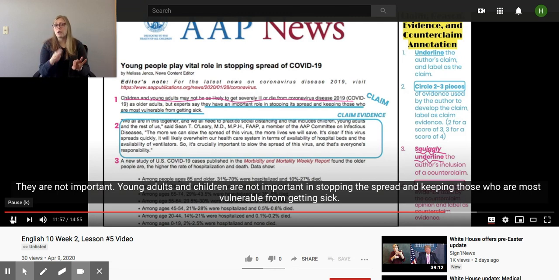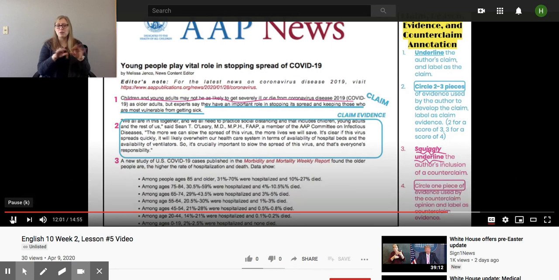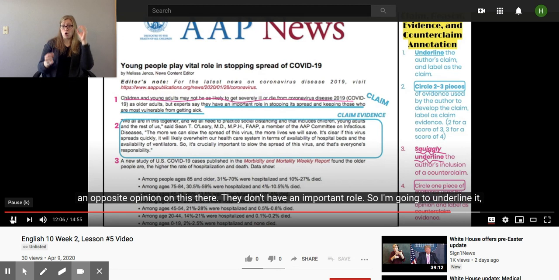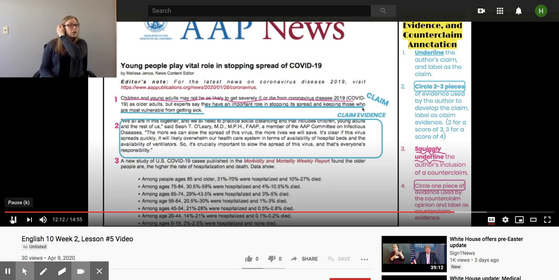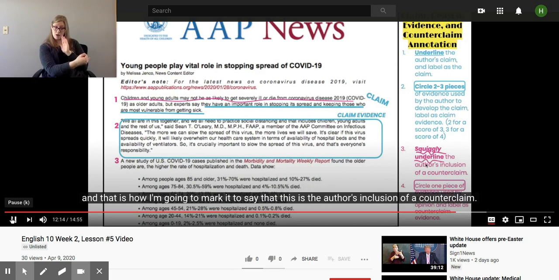Young adults and children are not important in stopping the spread and keeping those who are most vulnerable from getting sick, right? That could be an opposite position, an opposite opinion on this. They don't have an important role. So I'm going to underline it, and that is how I'm going to mark it to say that this is the author's inclusion of a counterclaim.